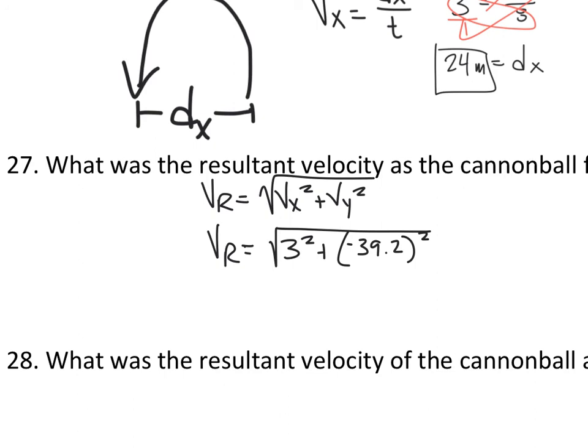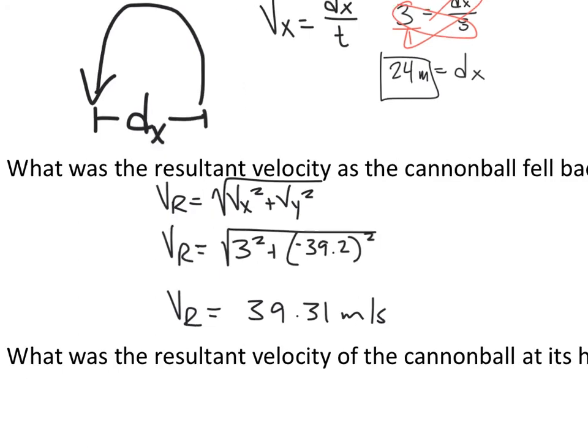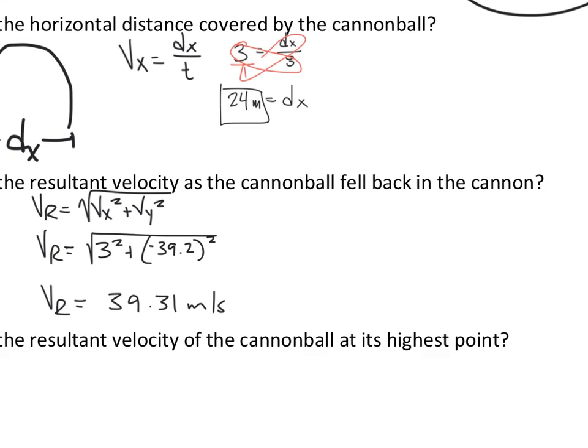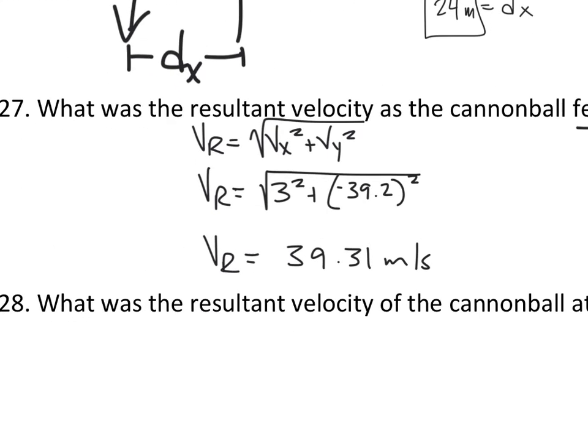Okay, so when I take 39.2 squared and then add 3 squared, I should get a resultant velocity of 39.31 meters per second. Now remember, this ball is coming back down into the cannon. So it's asking me for the resultant velocity as it falls back in the cannon. So that's in a downward direction, so this needs a negative. So there's your resultant velocity as it comes back into the cannon.